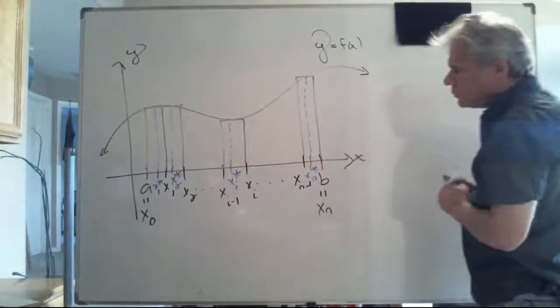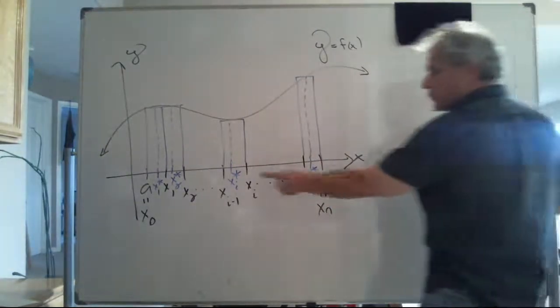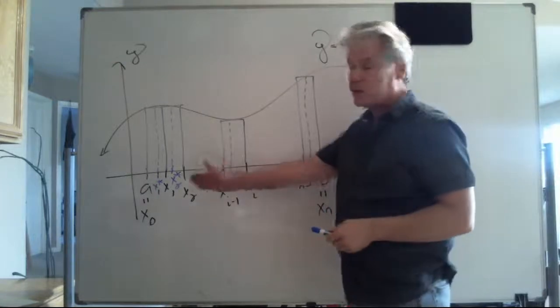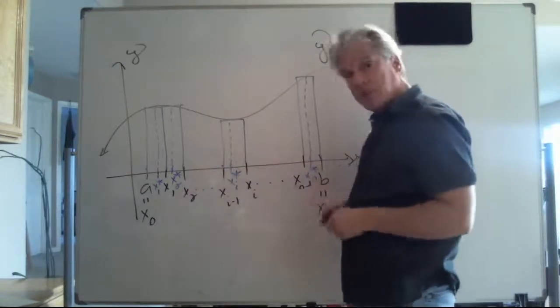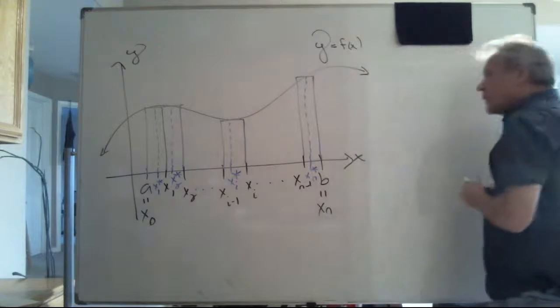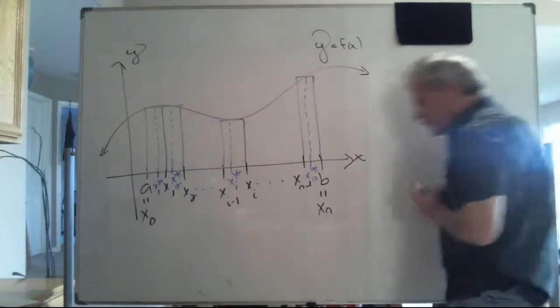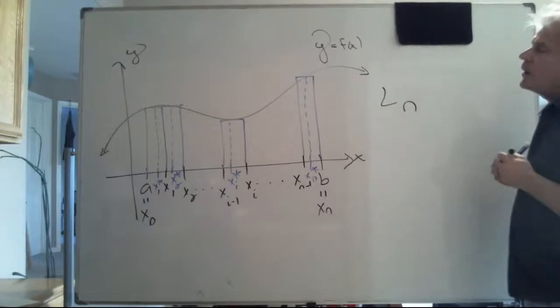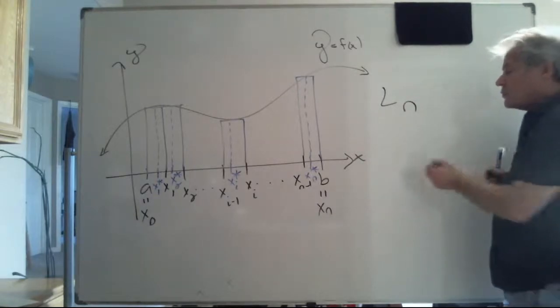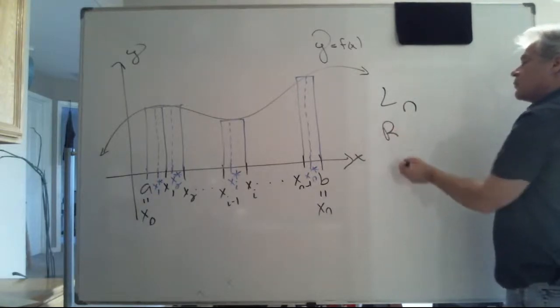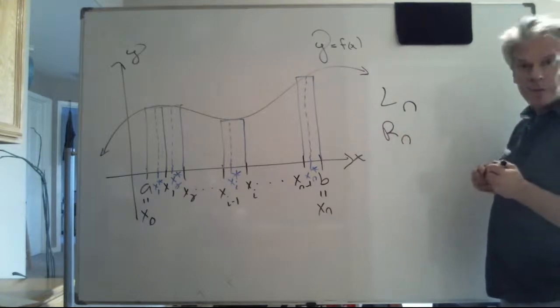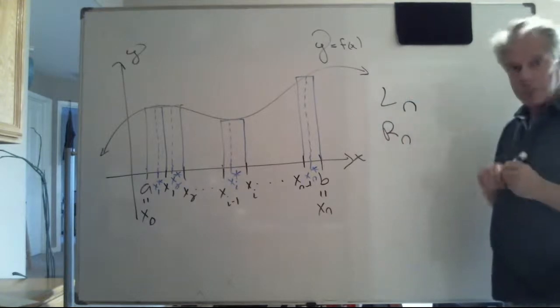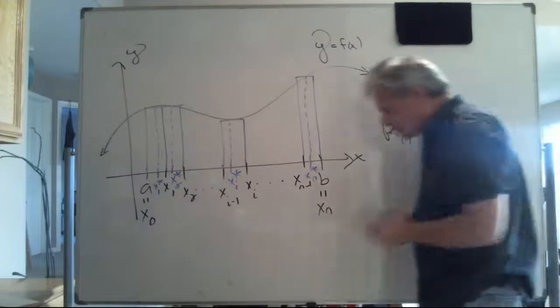Now, if I choose x of I asterisk, that is to say all these x asterisk values, as the left endpoint of each of these subintervals, then I will be using what I call the left endpoint rule with n subdivisions that approximates the area underneath the curve. I could just as easily choose x of I asterisk to be the right endpoint, and if I have n subintervals, that will approximate the area underneath the curve. I'll get to an example of such in just a minute.